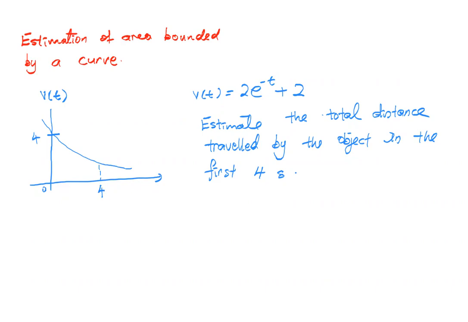So that means, if I want to estimate this, I have to estimate the area bounded by the VT curve. So this is the first boundary.